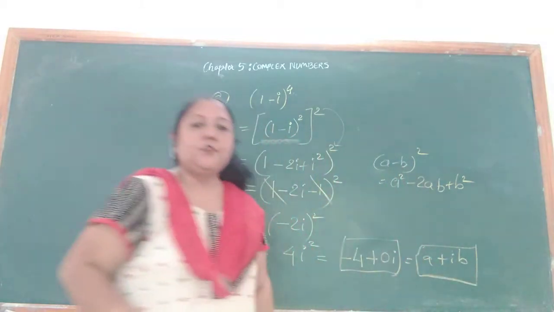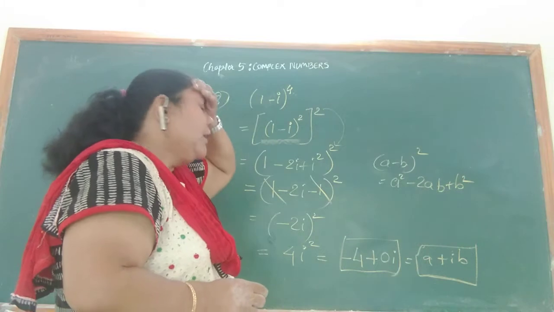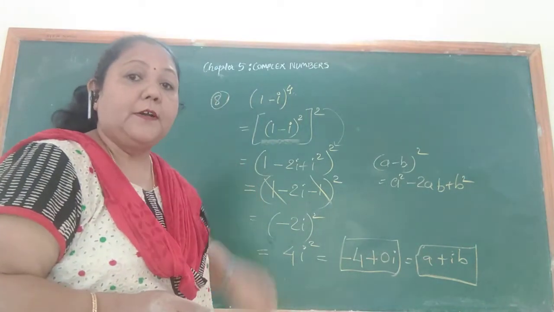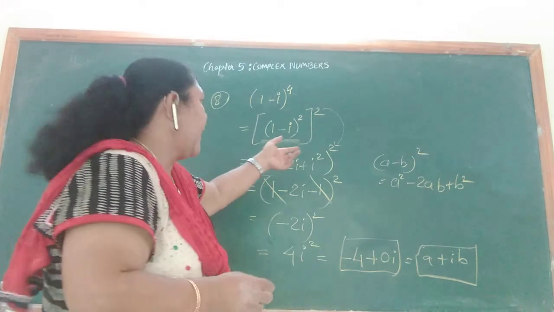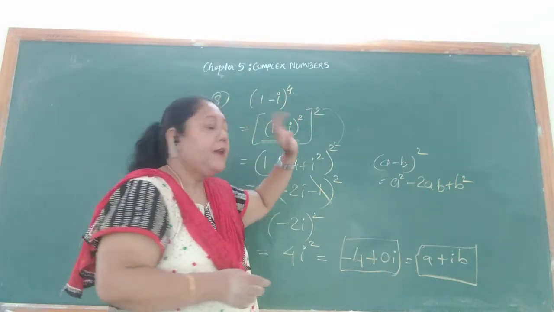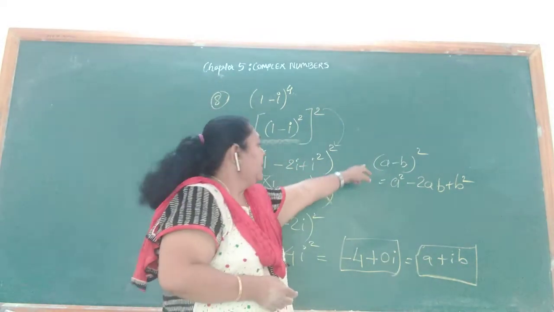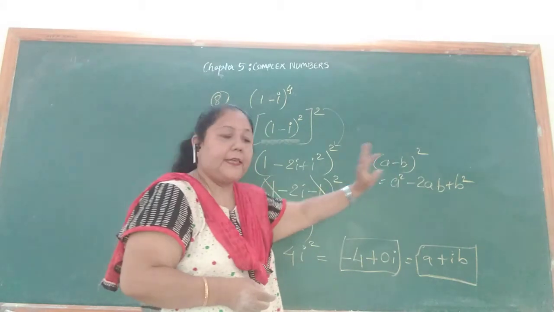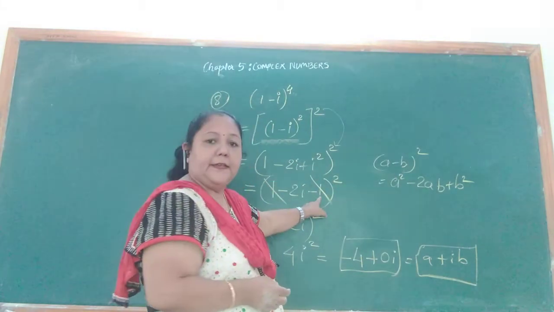I converted it into the a plus ib form. So what did I do? The whole raised to 4 was there. I converted it and wrote it as square and its square, and therefore (a minus b) whole square I wrote as a square minus 2ab plus b square. The formula I have written over here, and then plus 1, i square was minus 1.